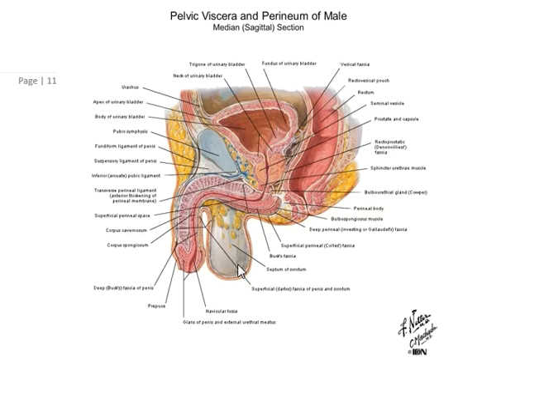The point is here that, as you can see, for the penis, Buck's fascia is here, and then it reaches the scrotum, making the dartos, and here Colles fascia.